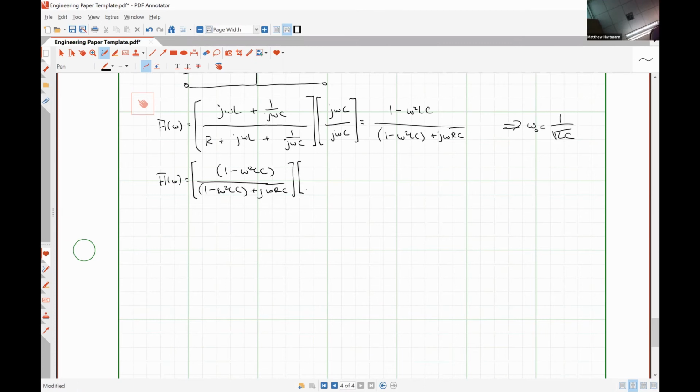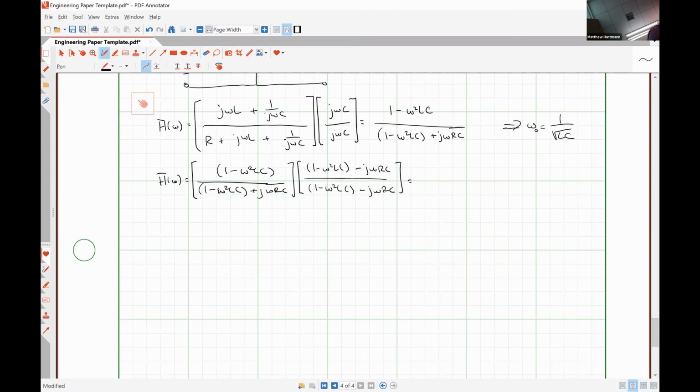Multiply this by the complex conjugate of the denominator again, 1 minus omega squared LC minus j omega RC over 1 minus omega squared LC minus j omega RC.